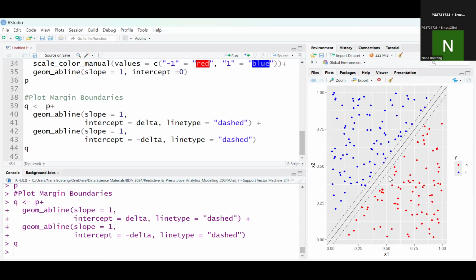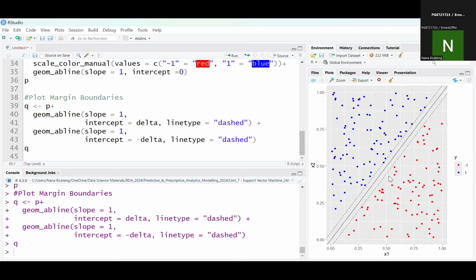Now, when we apply the SVM model itself, it tells you the number of support vectors that are available in the data set. And then it gives you some tuning parameters to be able to control it, so that you can have a more effective model. So let's do that.